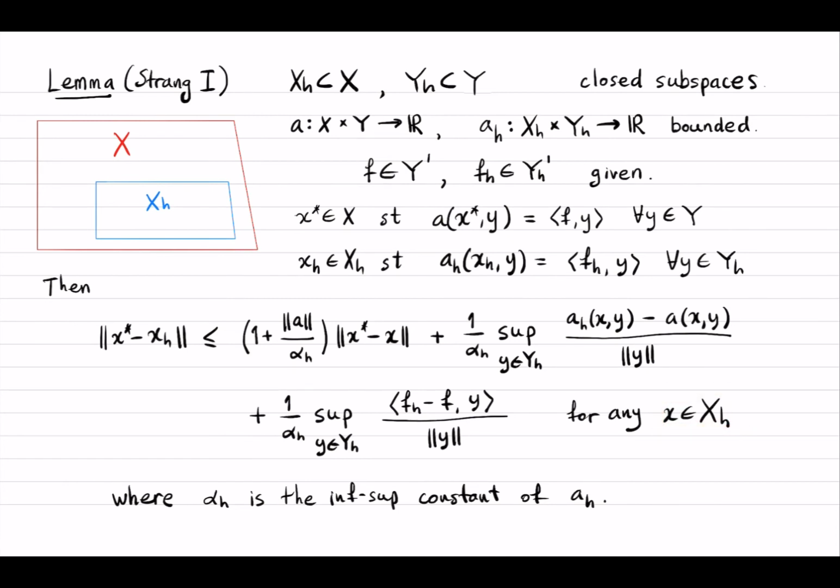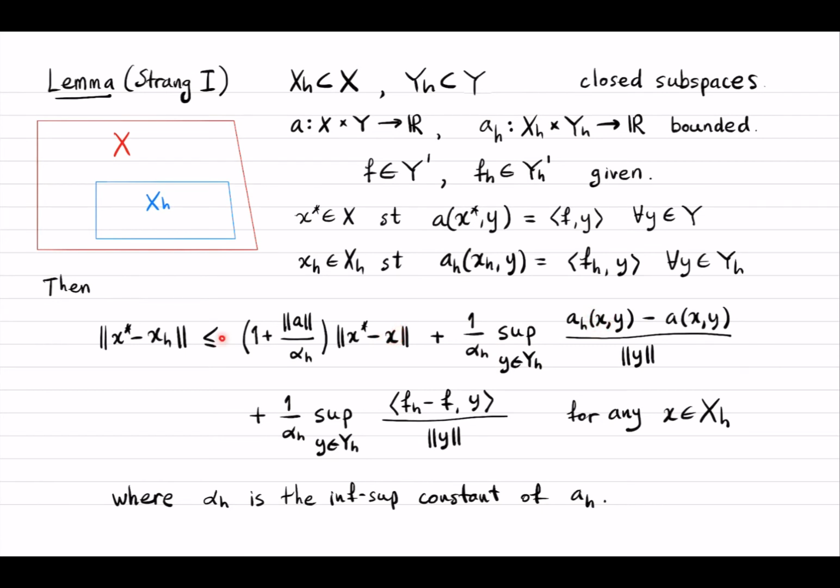The second term has this structure, which is the difference between the two bilinear forms, approximate and exact, applied to the arbitrary element x from the finite element space X_H and y from the finite element test space Y_H, and taken supremum over y. And note that this x here is the same as x here.